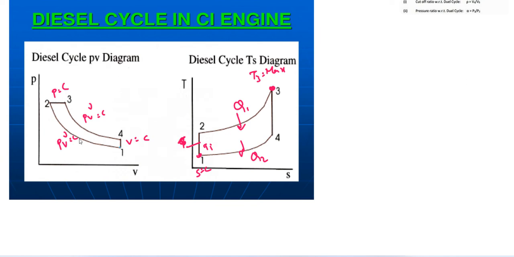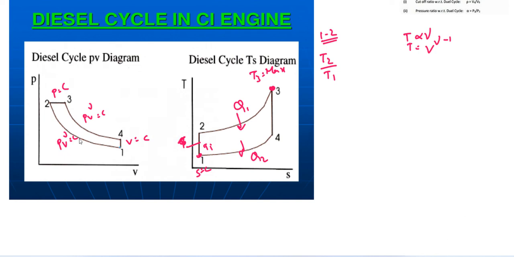Now let us discuss process 1 to 2. As we all know, from process 1 to 2, T is directly proportional to V to the power gamma minus 1.